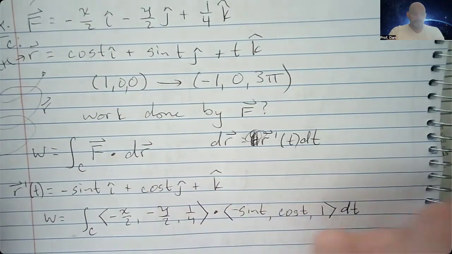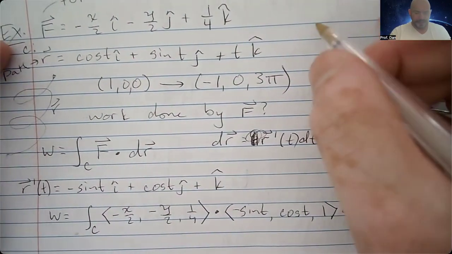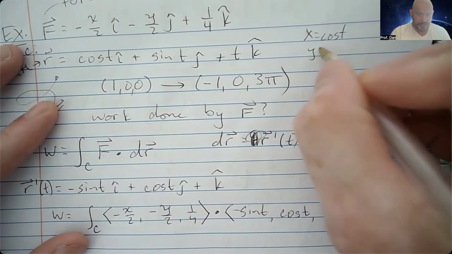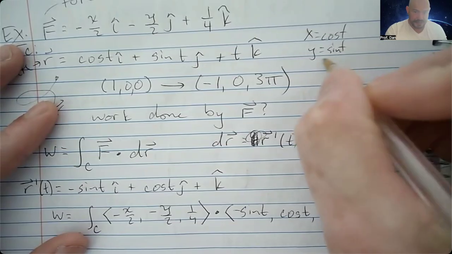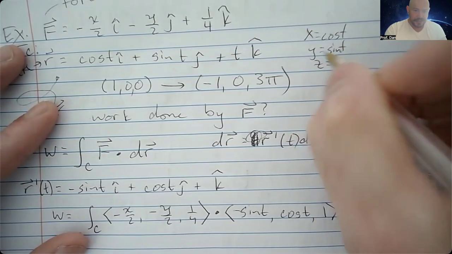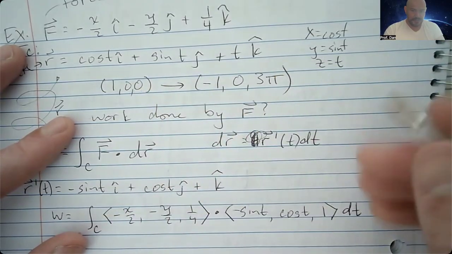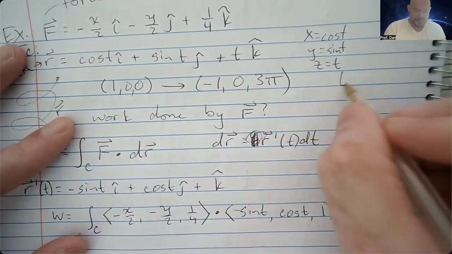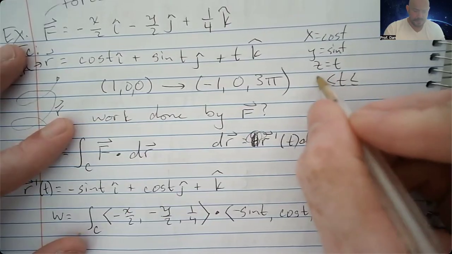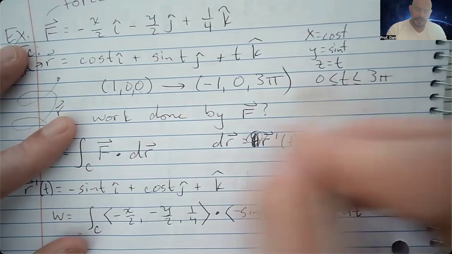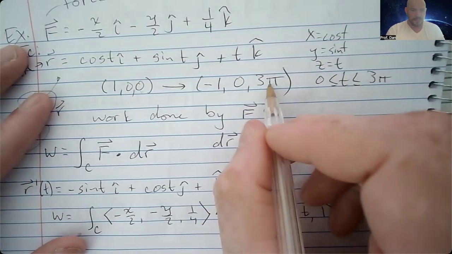If we were to write out parametric equations for x, y, and z, we would find that x is cosine of t. We would find that y is sine of t. We would find that z is t. So if I look at the z coordinate at the starting point and the ending point, I've literally got my range for t. So 0, because that's the z coordinate in the first point, to 3 pi, because that's the z coordinate in the ending point.